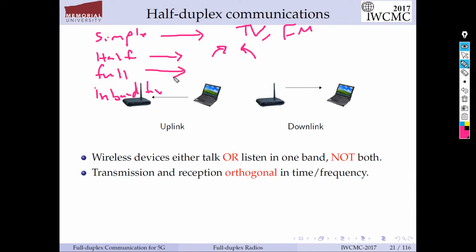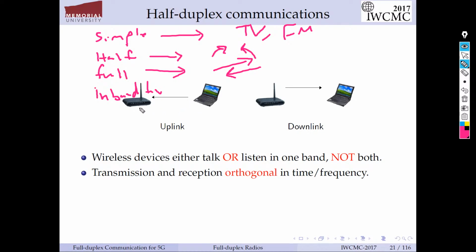We have full duplex, in which you can transmit and receive simultaneously, but using different frequency bands or different time slots. Example of this is the mobile phone, the computer network, the Wi-Fi. All these are using full duplex communication, where you can transmit and receive in parallel, but you divide the downlink and uplink in time or in frequency.